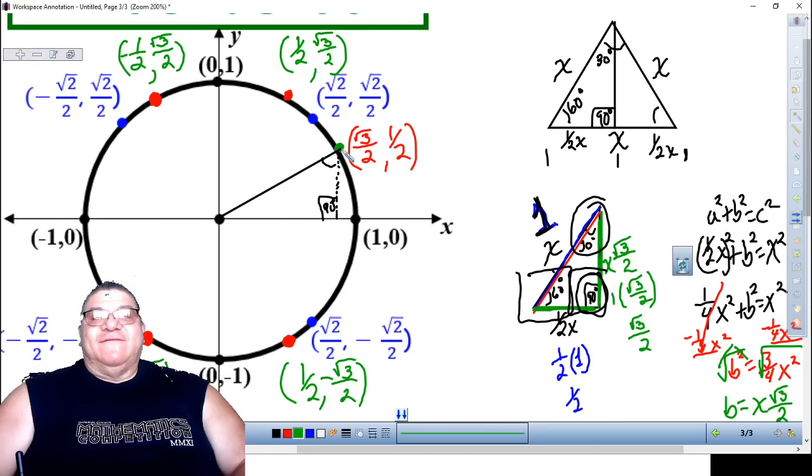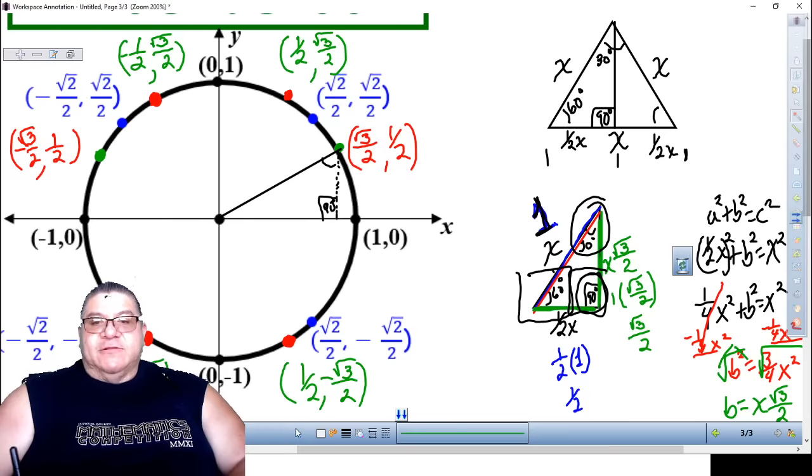So, and with that said, guess what? Now we're going to reflect those points. We're going to reflect this one over here. All right, tell your neighbor what that coordinate is. Yeah, now it's on the negative side, so negative square root of 3 over 2 and 1/2. Okay, let me reflect it down over here.